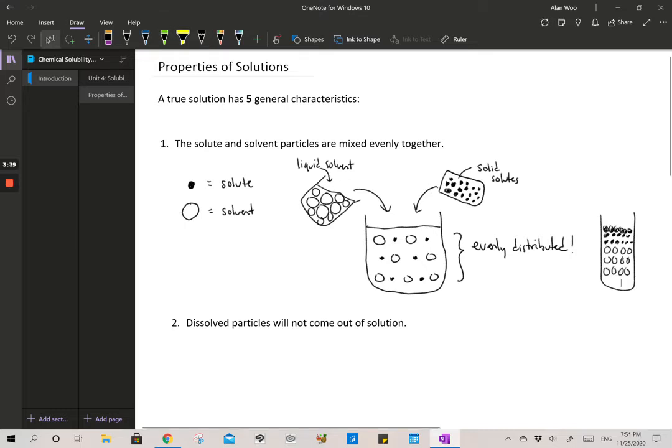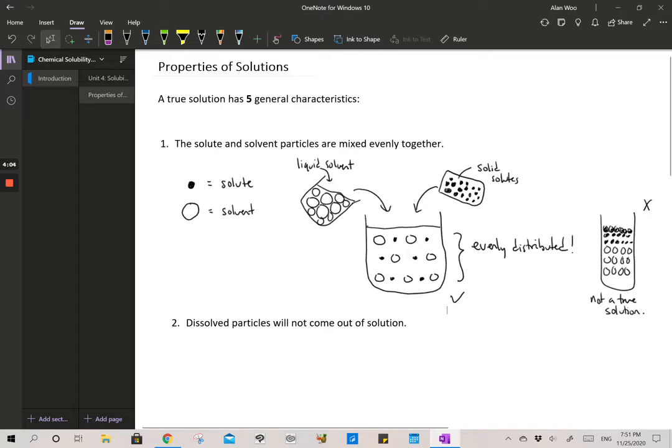Okay, this would not be a true solution, because they're not mixed evenly together. Okay, so this is a no, this is a yes, because all of our true solutions are homogeneous solutions.